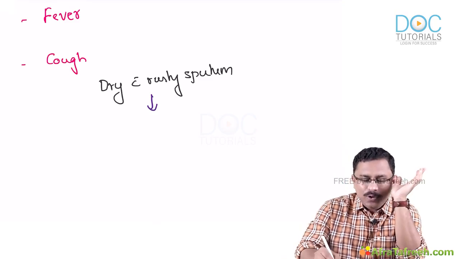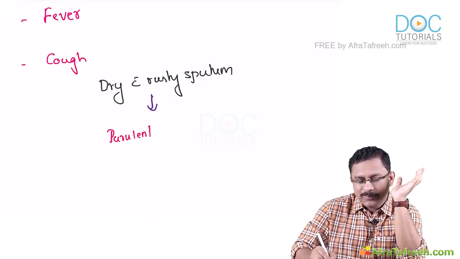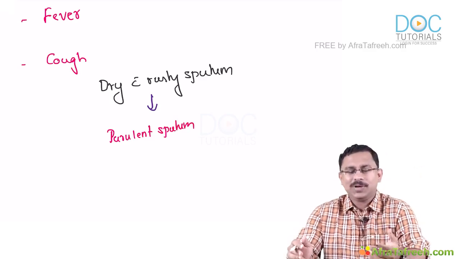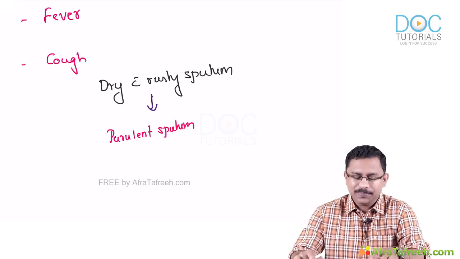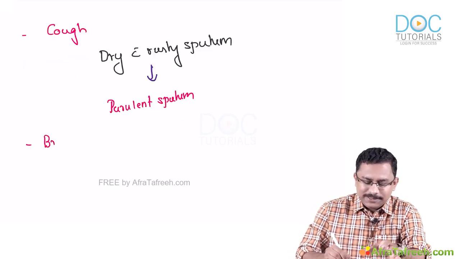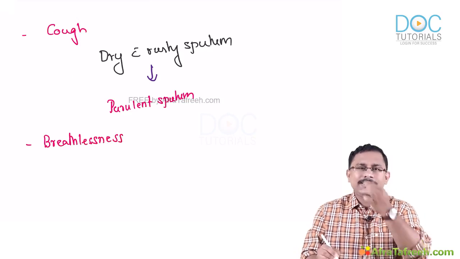That is when you get a purulent sputum. So initially you might have a dry cough with a rusty sputum, and then you might get a purulent sputum. So that is about cough. Yes, you will have breathlessness also. So why breathlessness?